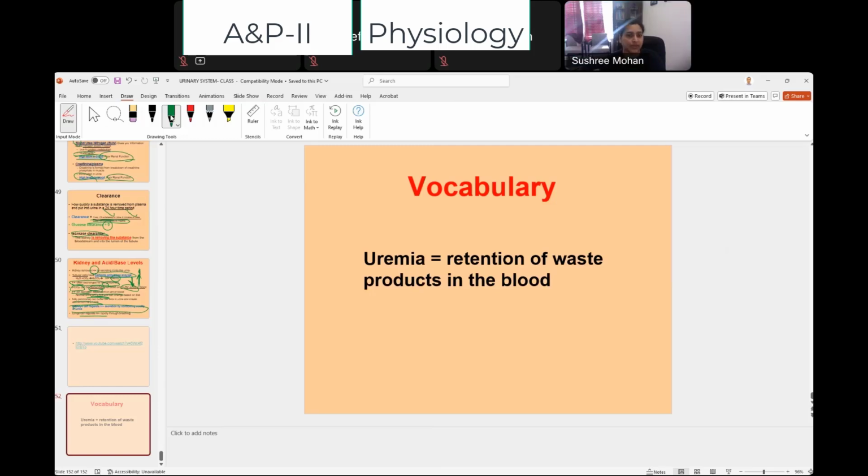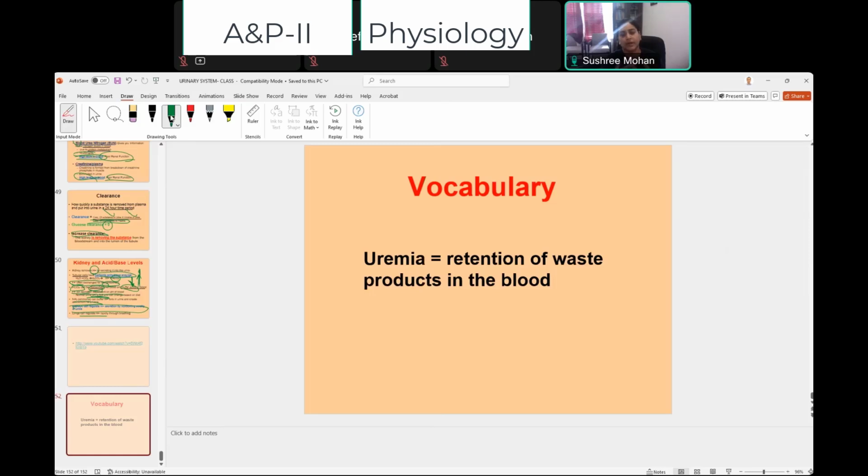We discussed the pressure that works at the glomerulus for the filtration, the glomerular hydrostatic pressure versus the capsular hydrostatic pressure acting in the opposite direction, and also the BCOP, the blood colloid osmotic pressure, also acting in the opposite direction. So the net filtration pressure was 10 millimeter mercury. So we talked about the glomerular filtration pressure.